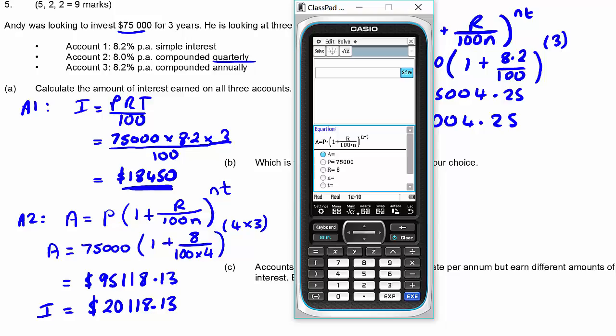And the N in this particular case was 4 because it's 4 times a year. And T was 3. And click the solve at the top. And we get 95,118.13. Remember, that's the total amount in the account, and you have to take off the original investment to find the interest. So it's a perfect case of using your E-activities for this type of question.